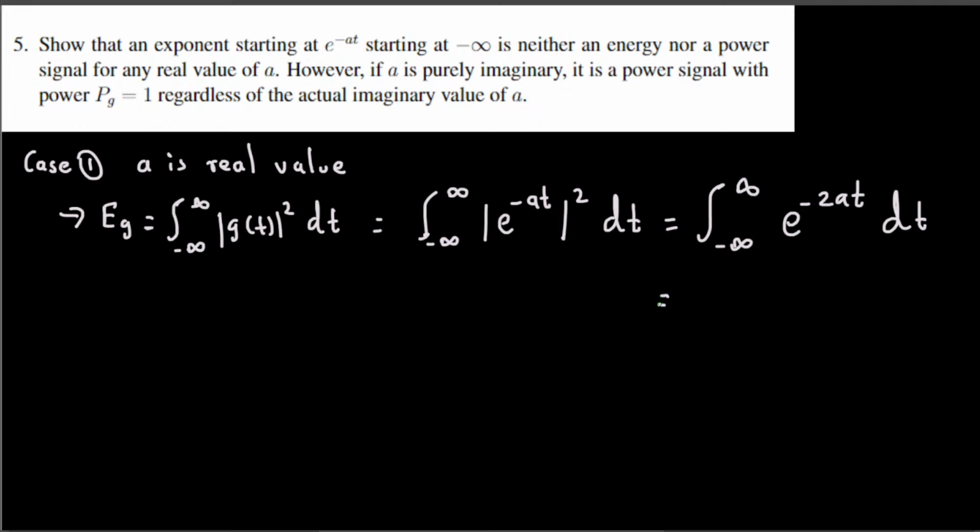This becomes e^(-2at) divided by the coefficient in front of t, that is -2a, with limits from negative infinity to infinity. The 1 over -2a is a constant, and since we are integrating with respect to t, we just apply the limits to the t value.